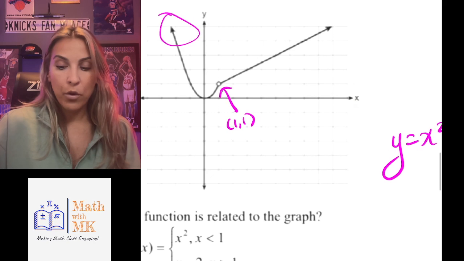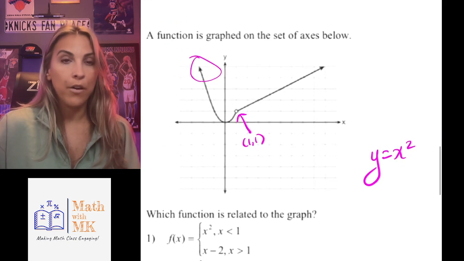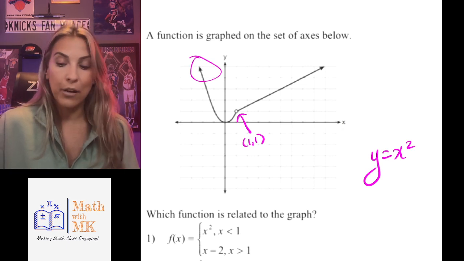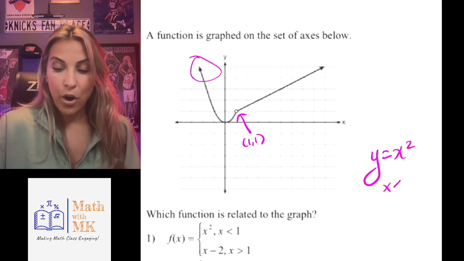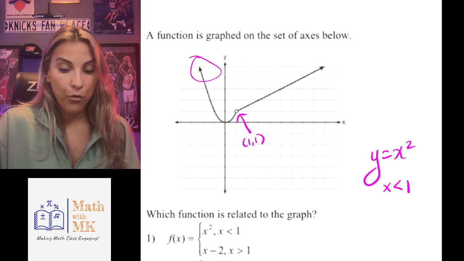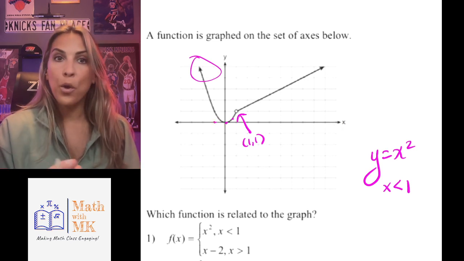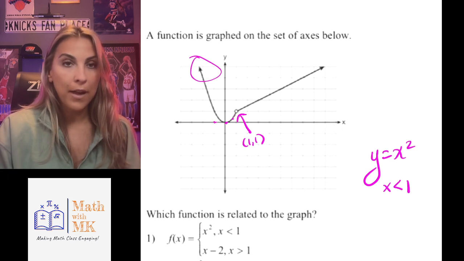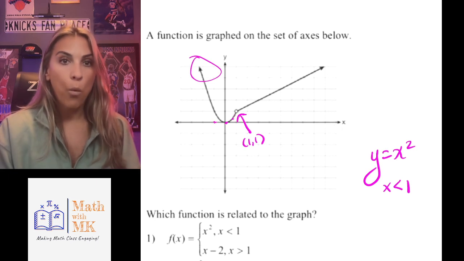So that means that when we graph this parabola y equals x squared, we're not graphing it for all values of x. We're only graphing it for values of x that are less than 1. All the x values that are less than 1, like 0.5, 0, and -1, have a corresponding y value that came from the equation y equals x squared that created a parabola, right?